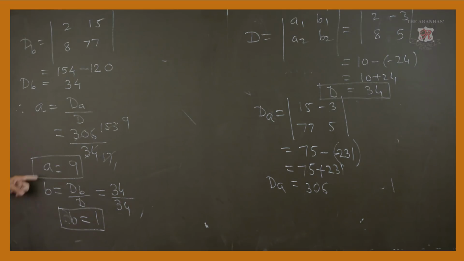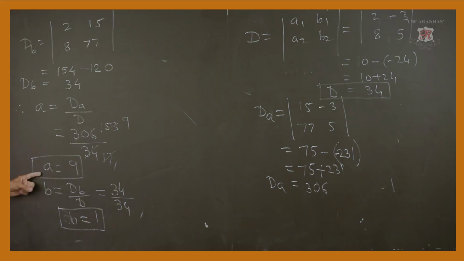Now once you get the value of A is equal to 9 and B is equal to 1, it doesn't mean that you have finished your sum. It is incomplete. Why? Because we have found A and B, whereas the equation is in terms of x and y.